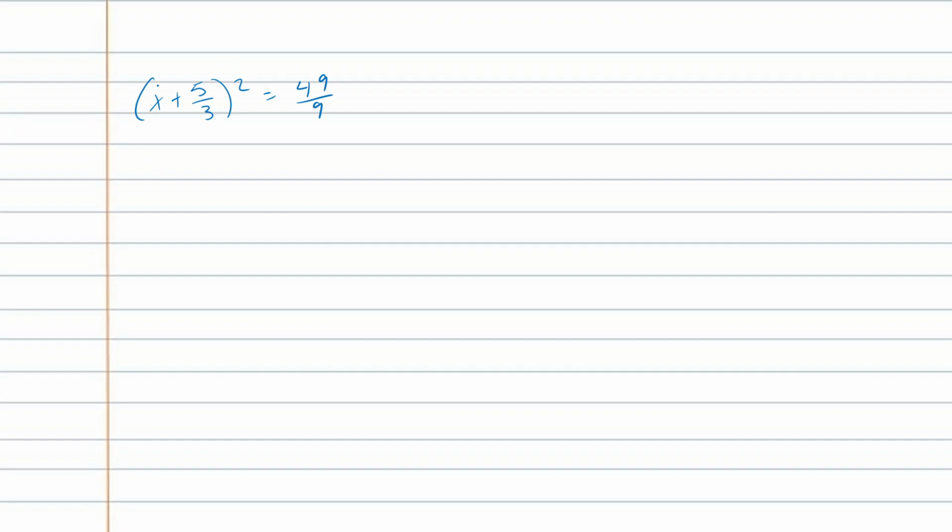Now, I can take the square root of both sides because I have a simple squared term all on one side. So this looks like x plus 5/3. The square root of 49 is 7, and the square root of 9 is 3. So now I have x plus 5/3 equals 7/3, right? But it's also plus or minus. Don't forget that part.